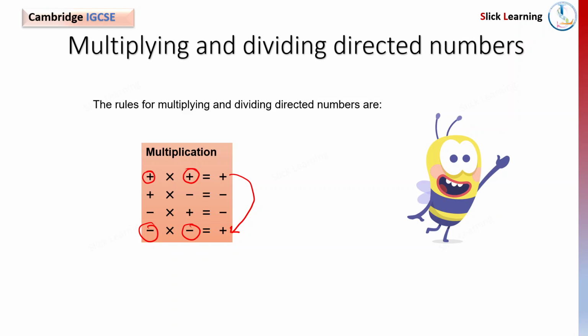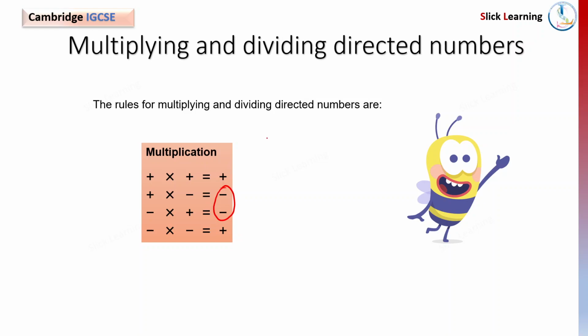Just remember, if we are multiplying two directed numbers and both have the same sign, then the result is always positive. Now the second case is obvious: if the numbers have different signs, then the result will always be negative.